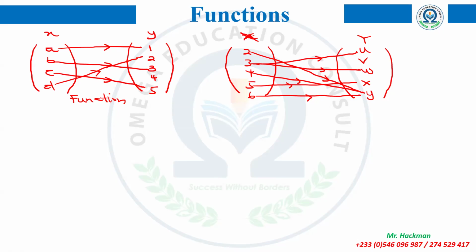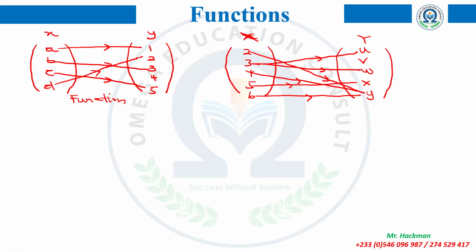Let me see, your answer and your reason for your answer. It's not a function. Why? Because a function maps to exactly one element in the codomain.